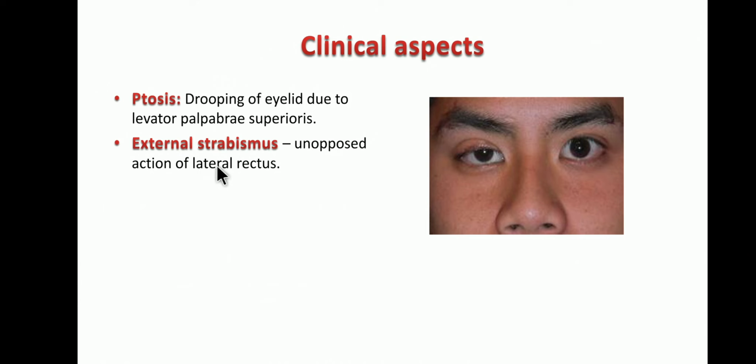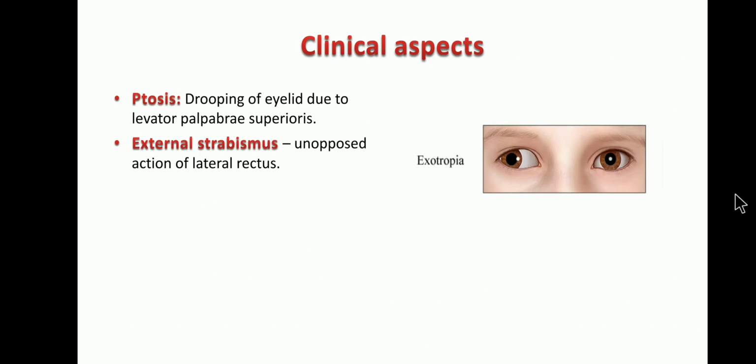So external strabismus, because the lateral rectus is unopposed, so the eyeball will be deviated laterally due to the unopposed action of the lateral rectus. So this is actually the external strabismus, because the medial rectus is not functioning. All the adductors, mainly your superior rectus and inferior rectus, are all paralyzed.